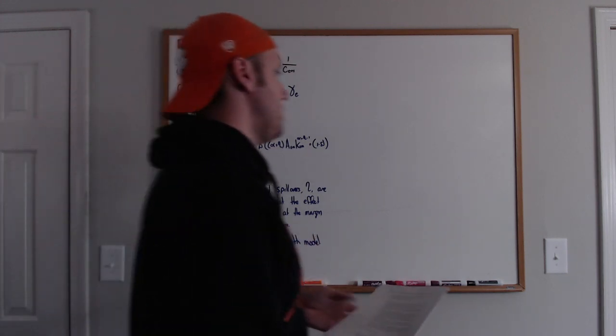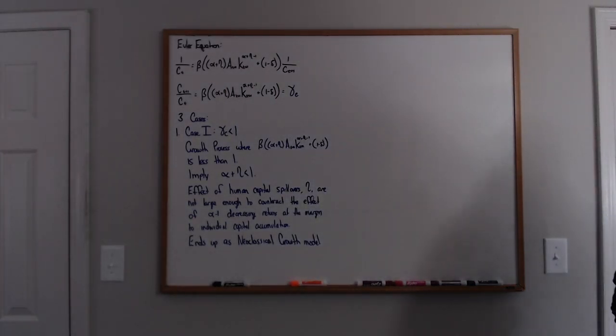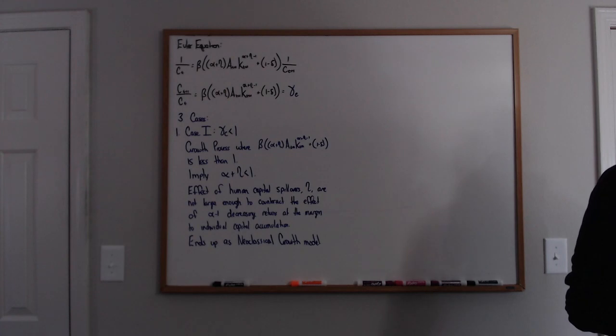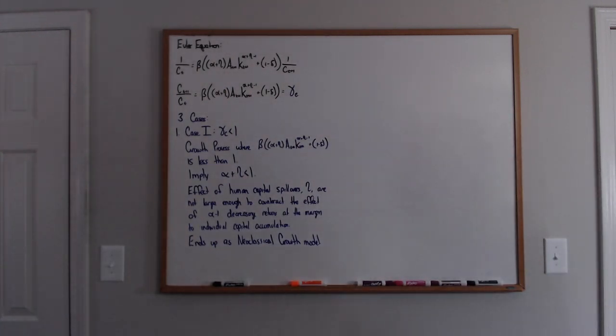So it would eventually just give us the same result as the neoclassical growth model. There's no technological progress that comes from within the model that is endogenous, right? It would only be exogenous growth.